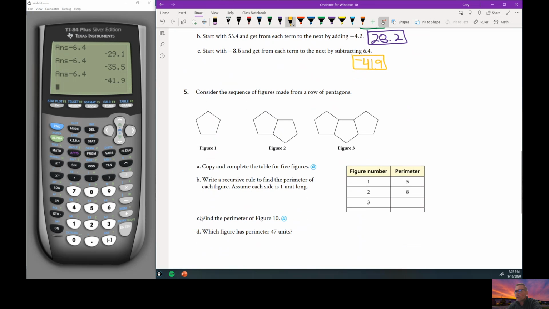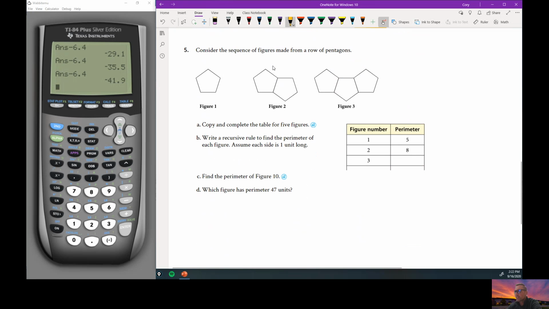All right, last one here, multiple parter though. Consider this sequence, okay, pentagons. Copy and complete the table for the first 5 figures. So we're just doing perimeter, as in 1, 2, 3, 4, 5. There's that 5. 1, 2, 3, 4, 5, 6, 7, 8. There's the 8.